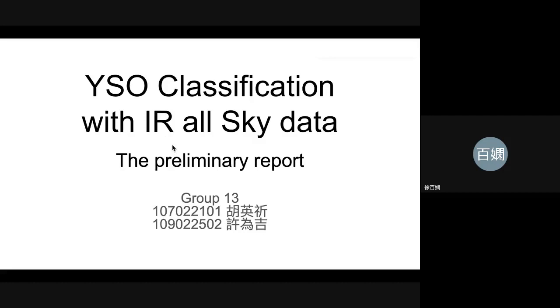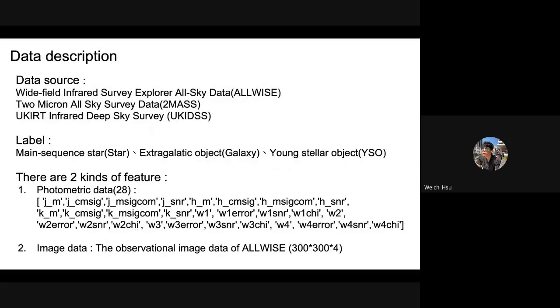Ah, great. Yes. And the first part is about Inchi, so I would like to let Inchi start his presentation. So Inchi, please start your presentation. Okay, so we are group 13, and I'm Hu Inchi, and my teammate is Xu Weiji. Our topic is YSO classification with IRO sky data. So for data description, we have 3 data sources.